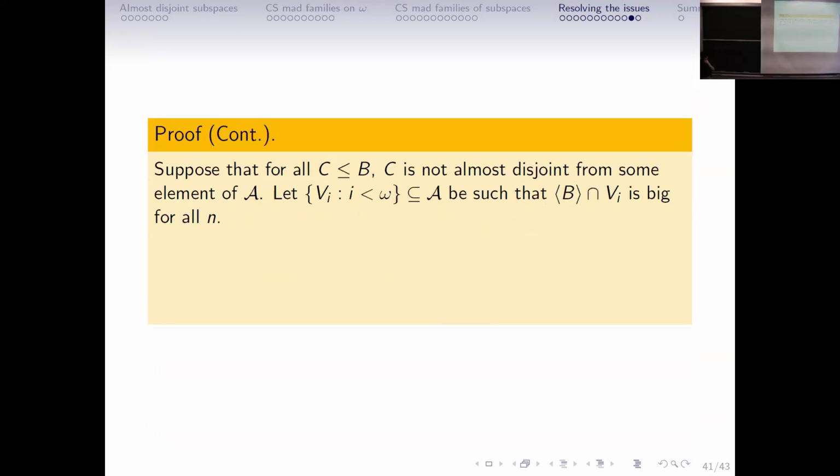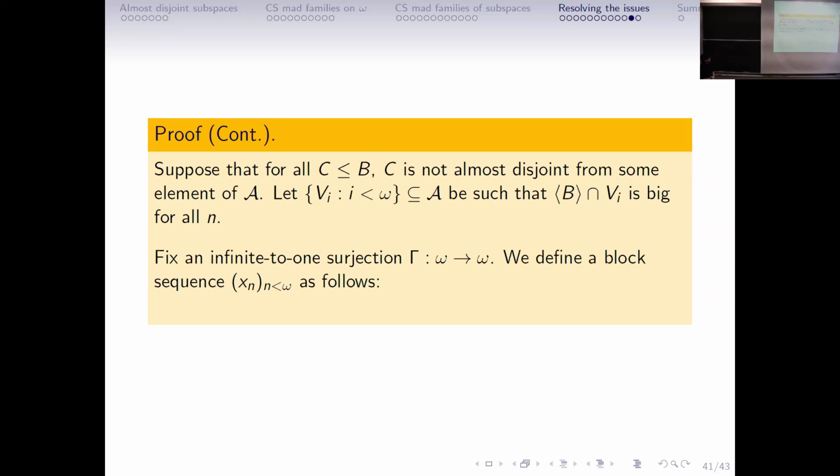So what was the other case? Similarly, if there is no such C, then we can pick infinitely many Vi's which are compatible with P. Let's fix an infinite to one surjection, and I'll define this block sequence this way. I'll choose x0 to be some vector in B that's also in V of gamma 0.